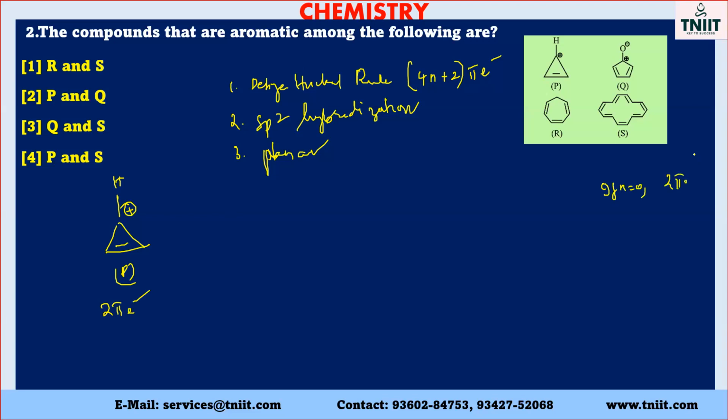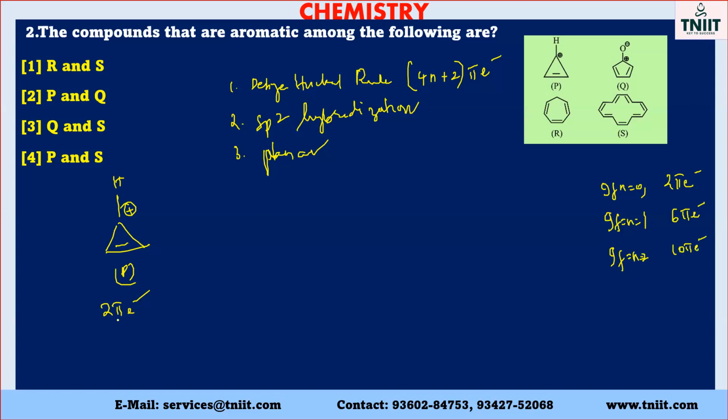If a molecule has 2 pi electrons, then it is aromatic. If n is 1, then, this n stands for integers, it's not the number of carbon atoms, do not get confused. If n is 1, then 4 into 1 is 4, 4 plus 2 is 6. So 6 pi electrons. If a molecule contains 6 pi electrons, then it is also aromatic. If n is equal to 2, 2 into 4 is 8, 8 plus 2 is 10. So if a molecule contains 10 pi electrons, then it is aromatic.